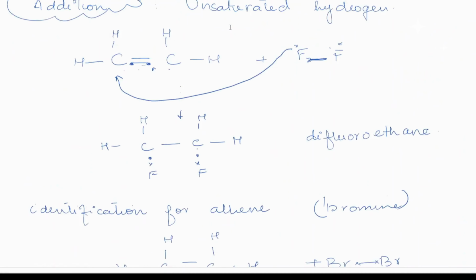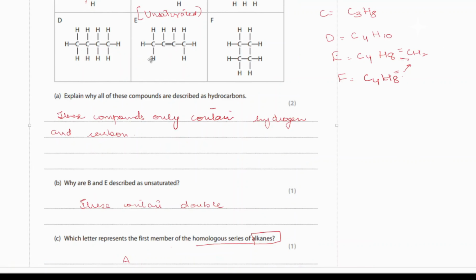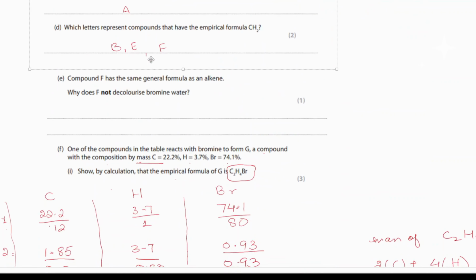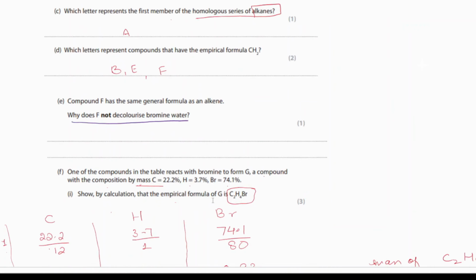Let's move to the question which we skipped. There was one question, E part, which we skipped earlier. The question was, why does F not decolorize bromine water? So F is a saturated compound, so it cannot decolorize bromine water.